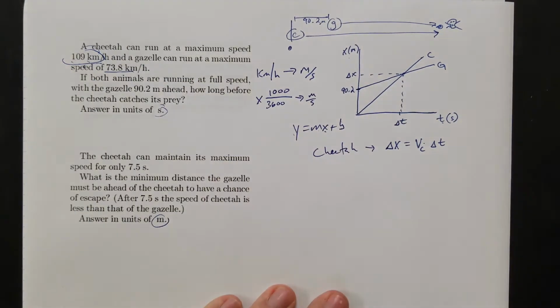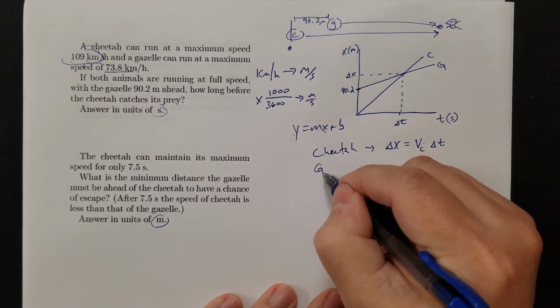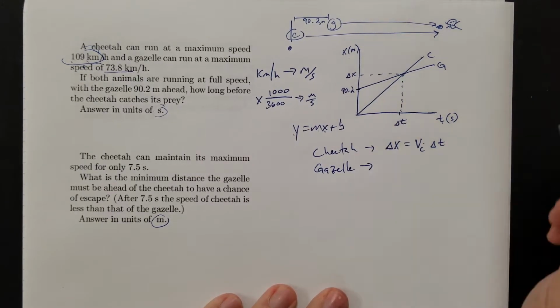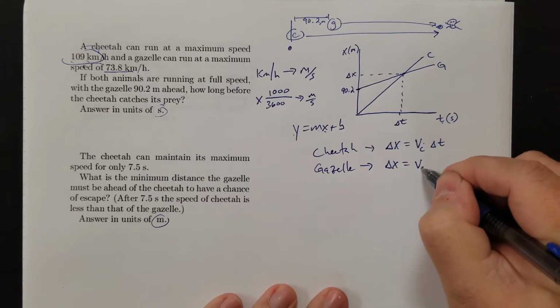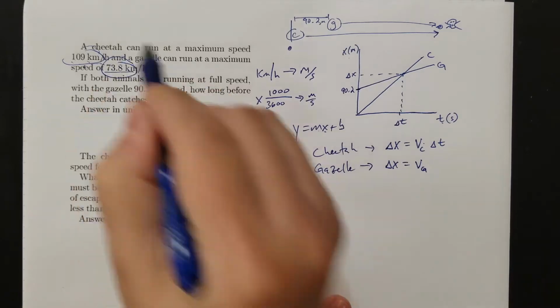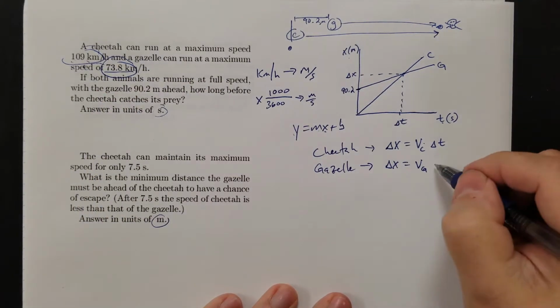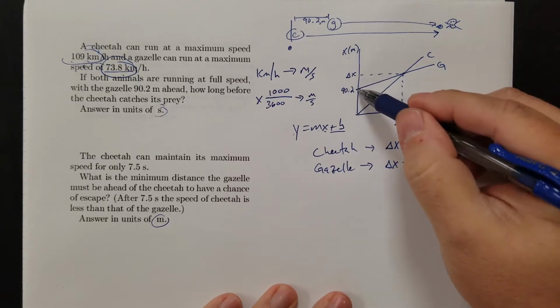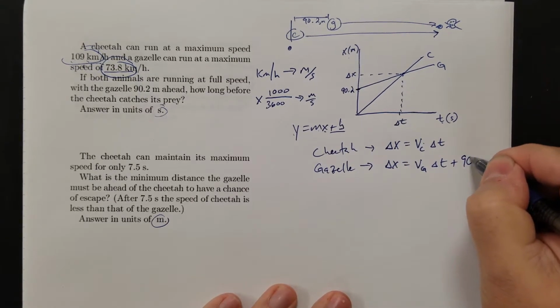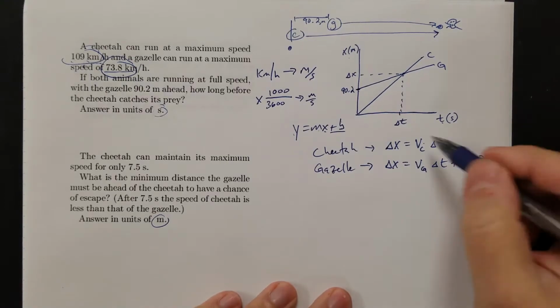Okay, so now let's do the gazelle. So for the gazelle, same thing, delta x equals, slope is the velocity for the gazelle, so this number, my second number, times delta t, but this one has a y-intercept, right? This one has a 90.2 meter head start, so plus 90.2. So there's my two equations.